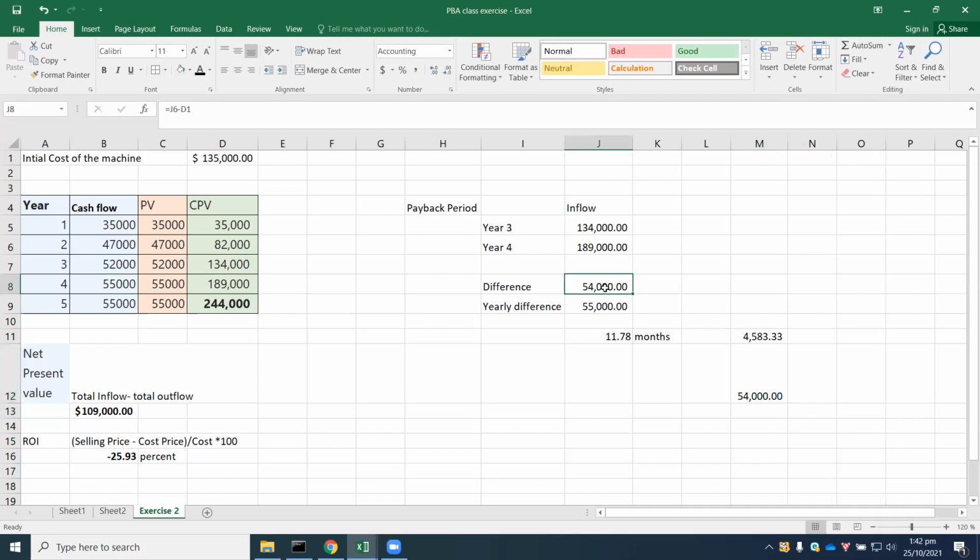So this matches with this, which means your value is correct. So in this case, your payback period equals 3 years and 11.78 months. So that is your payback period.